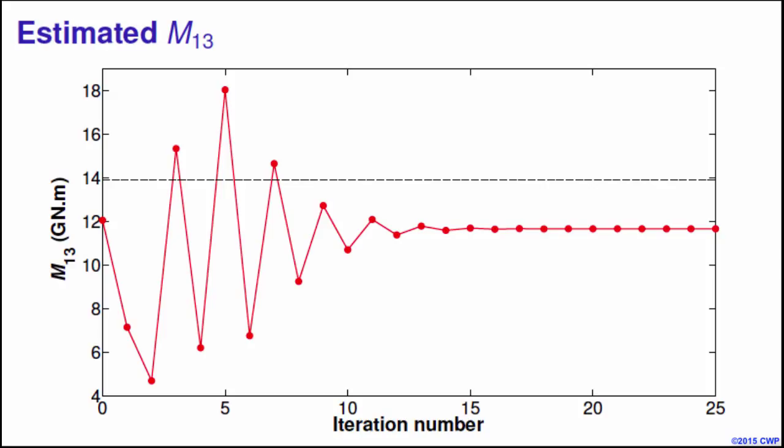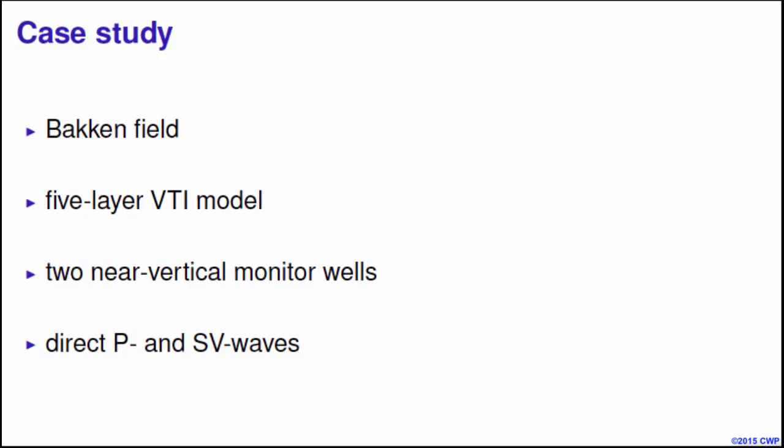So far I've only shown synthetic examples, but now I'm going to introduce preliminary results where we try inversion for this case study. This data set comes from the Backend field and was provided to us by Dr. Vladimir Grechka.